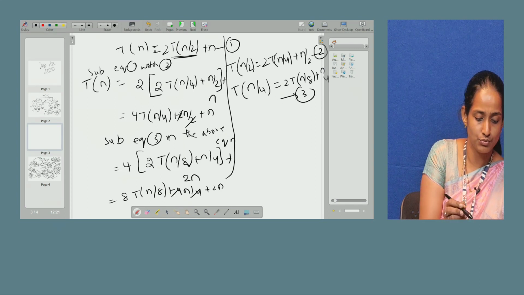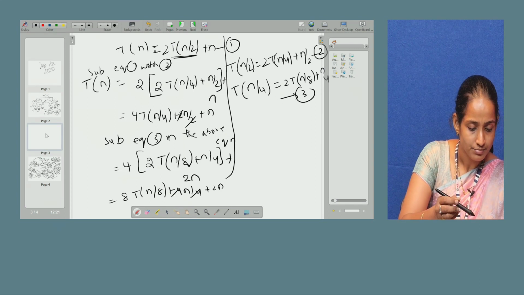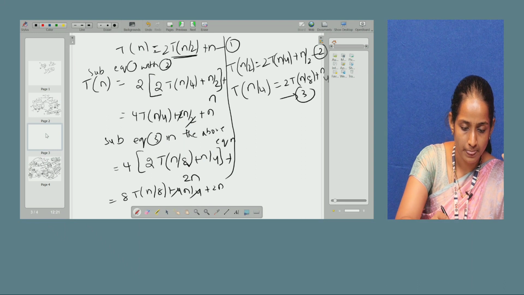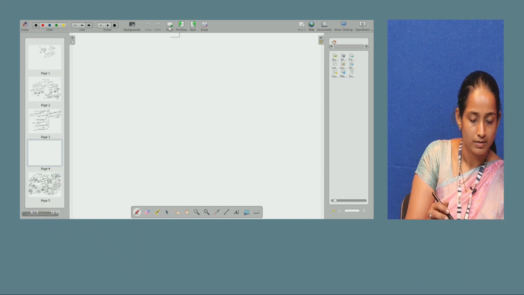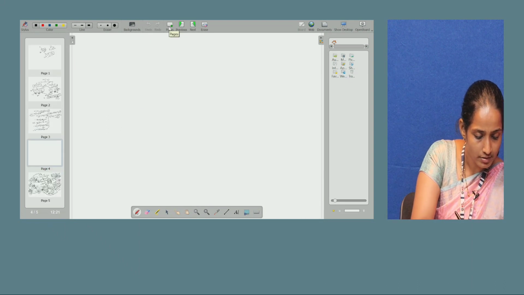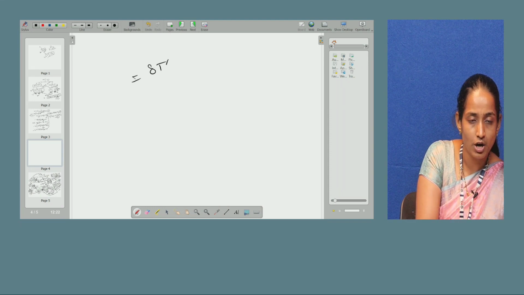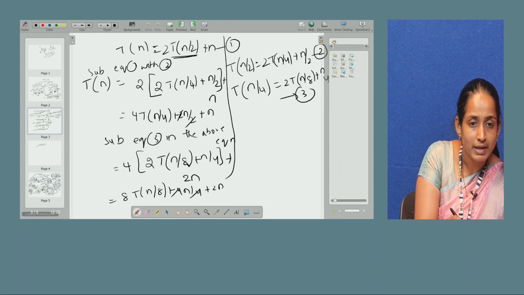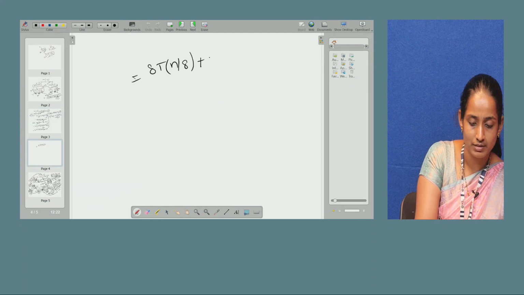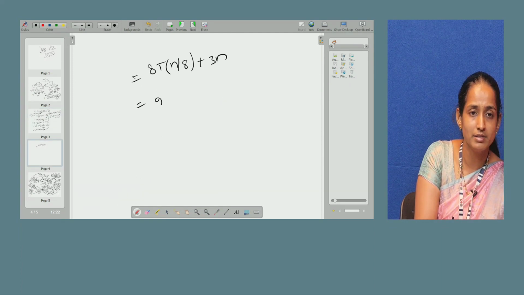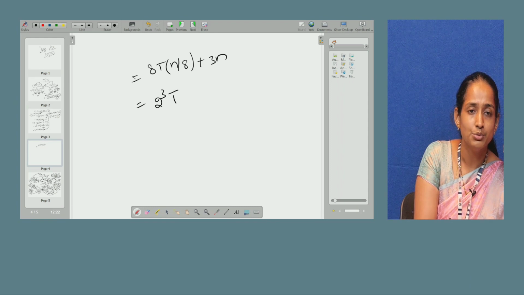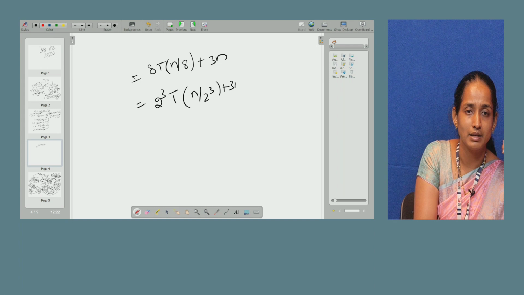This 4 and this 4 get cancelled. Now I have 8T of n by 8 plus n plus 2n, that means 3n. I can write this as 2 cube into T of n by 2 cube plus 3n, right?